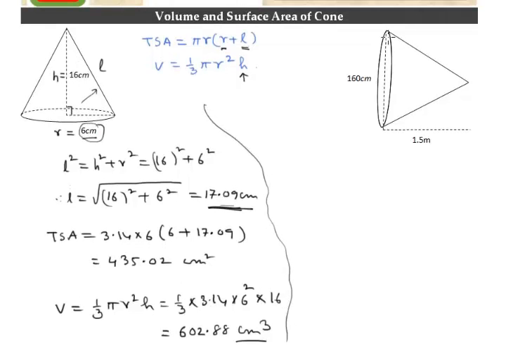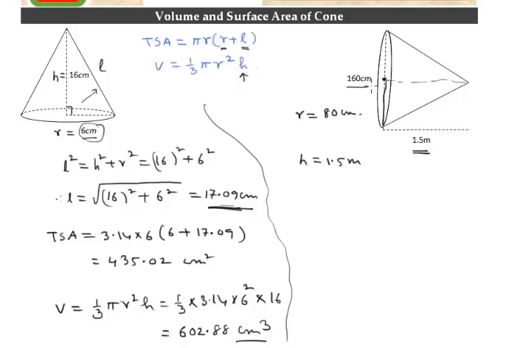Here the diameter of the cone is given as 160 centimeter. So the radius r will be half of this diameter, half of 160, which is 80 centimeter. And the height of the cone is given as 1.5 meter. So there is a unit mismatch here.